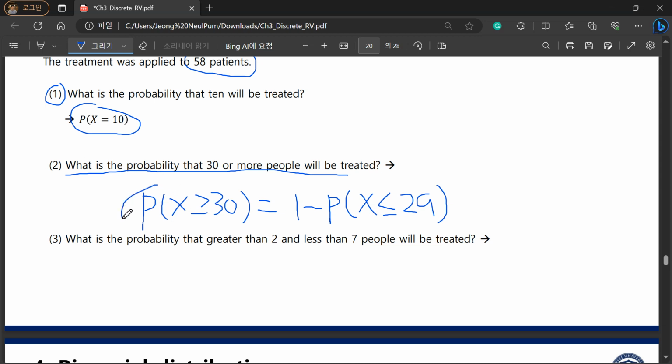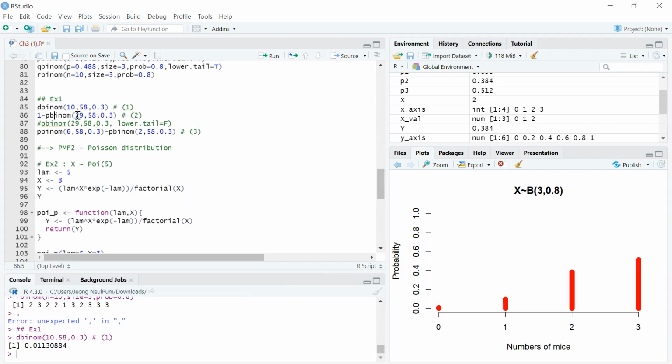So for getting this probability, we can also get the result from the other direction from 1. So it will be more convenient for us to use this formula here because we are always dealing with the p-binom function here. So it will give us the answer here.